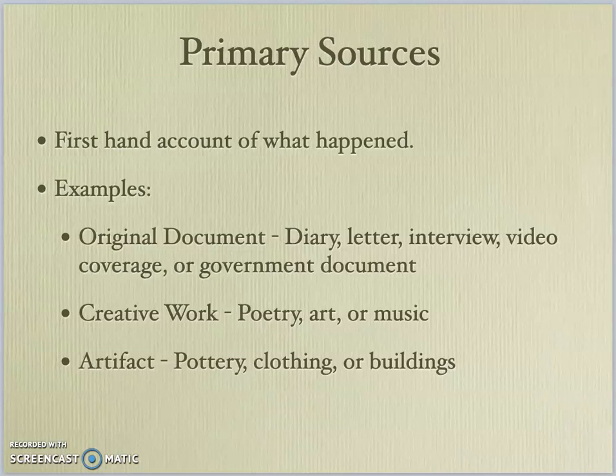They could be poetry that somebody wrote about an event, maybe a piece of art or a photo that somebody took, or even a song that talks about what they are feeling or what they experienced. Additionally, primary sources could be things like pottery, or clothing, or even buildings. Okay, so we need to know that primary sources are a first-hand account of what happened. So it is something that was there when the event took place.